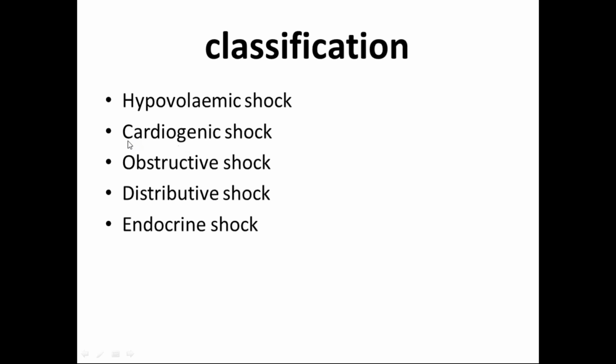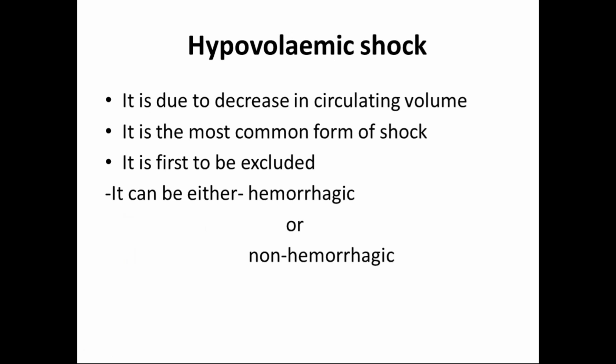First of all, cardiogenic shock, obstructive shock, distributive shock, and endocrine shock. Briefly, let us discuss each type of shock. So coming to hypovolemic shock. Hypovolemic shock is due to decrease in the circulatory volume. So it is the most common form of shock.